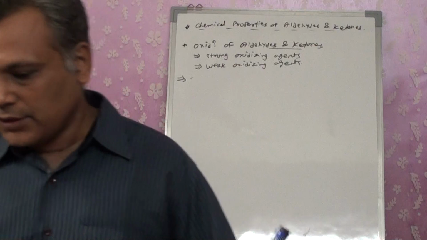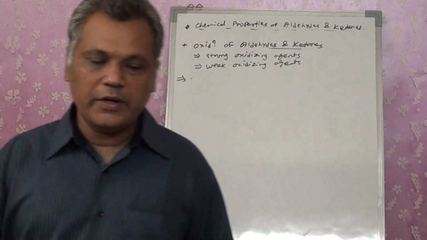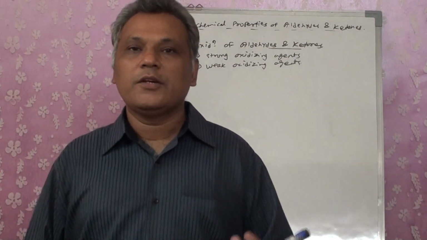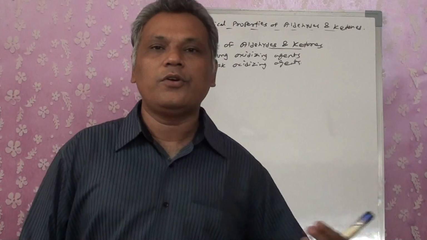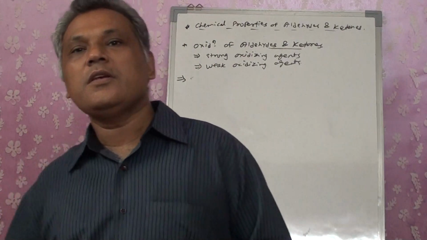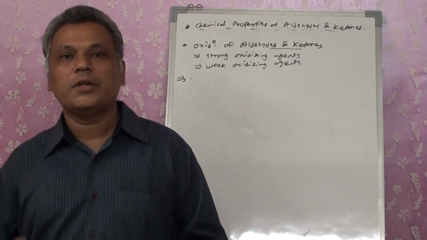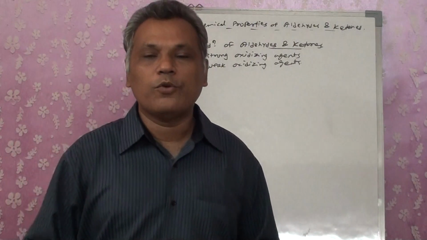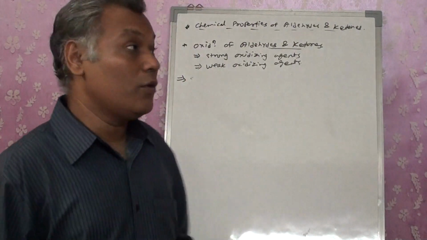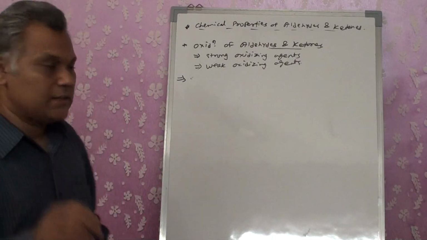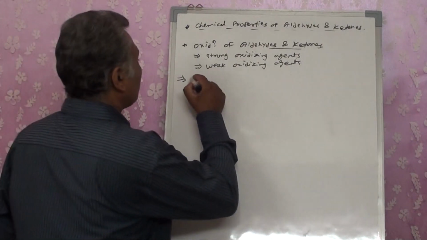One we term Tollens reagent. The second one we term Fehling's reagent, which we take specifically for aldehydes, and one for the haloform reaction, which will be shown generally by most of the methyl ketones. Right? There is a condition. We will see it.